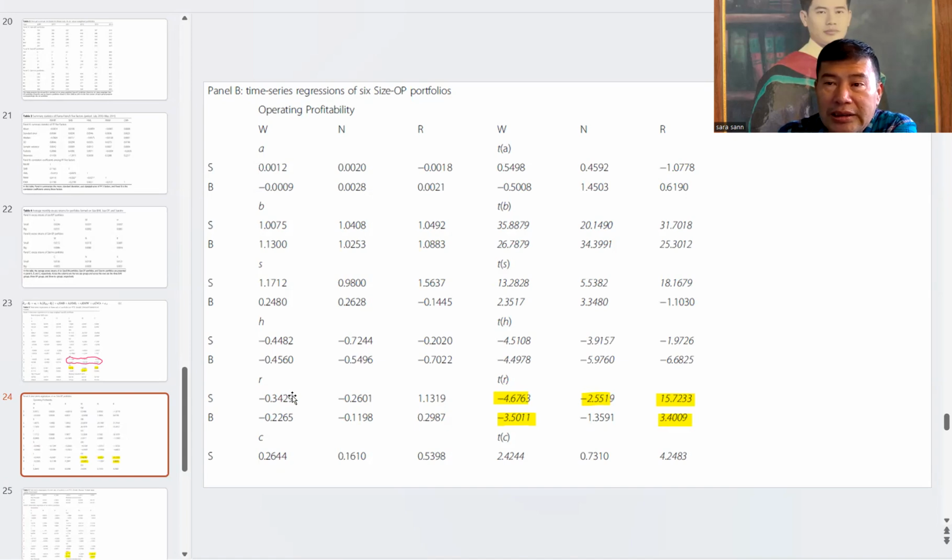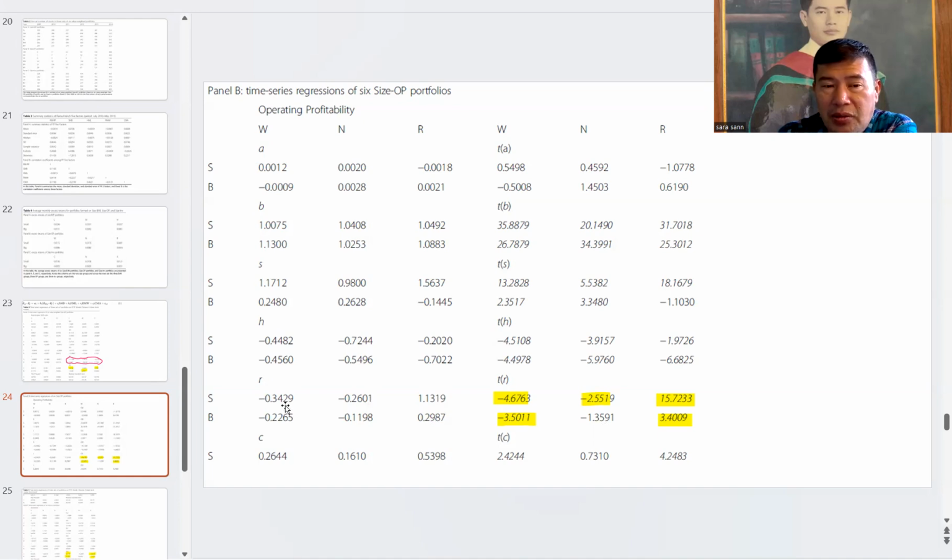And R itself, R is the coefficient of return on equity. All of them highlighted yellow except this one are significant. When you see that this one is not significant, skip this one and compare the rest, 5 numbers. Which one is the greatest number? 34.29 is the greatest number, but there is a negative sign.